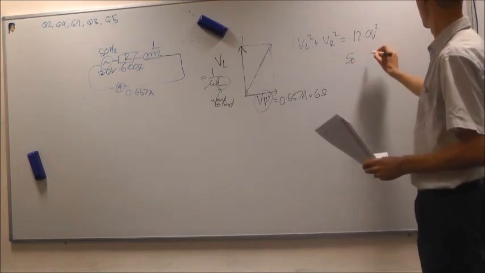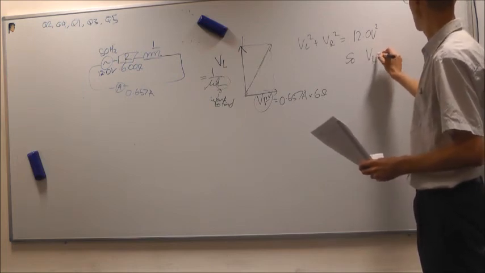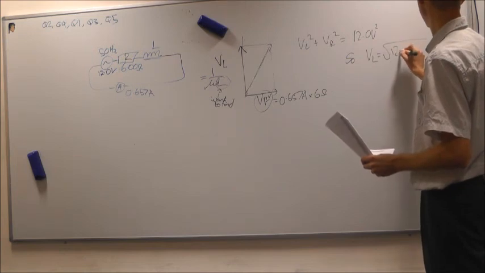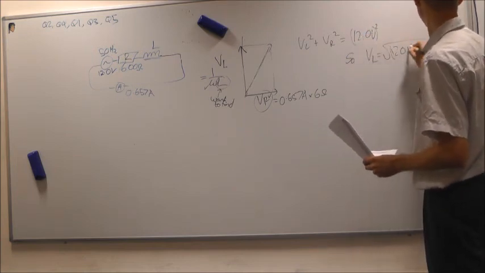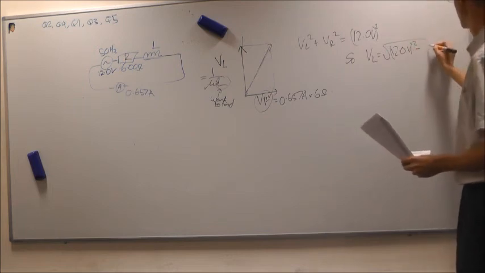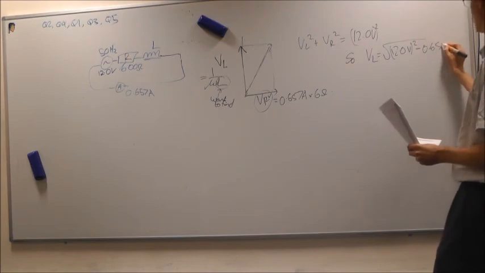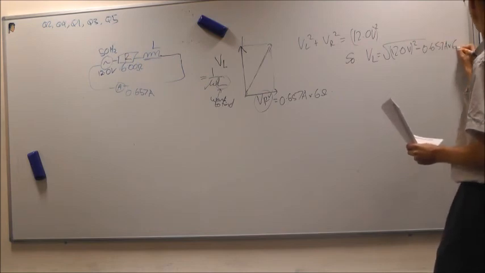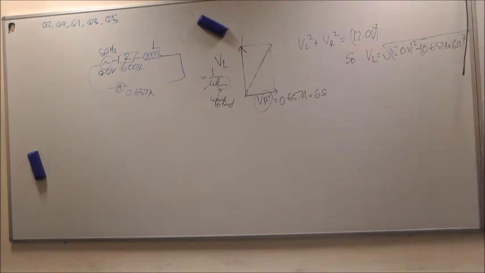So VL equals the square root of 12.0 volts all squared minus VR squared, so that's 0.657 amps times 6 ohms all squared.